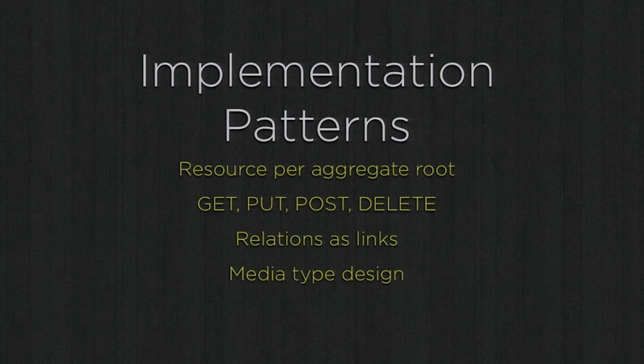So there are a few implementation patterns, a few patterns that have emerged that I've seen through a lot of customer projects, and that felt like I was repeating the same code over and over again. So you're exposing a resource per aggregate root. You usually implement GET, PUT, POST, DELETE for them, for the very basic stuff. You have links between the resources, so assume you have an order that links to the products it consists of, or the line items of the order link to the product they consist of.